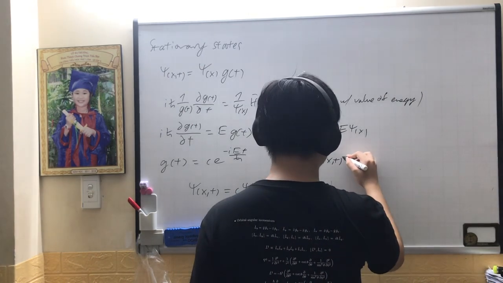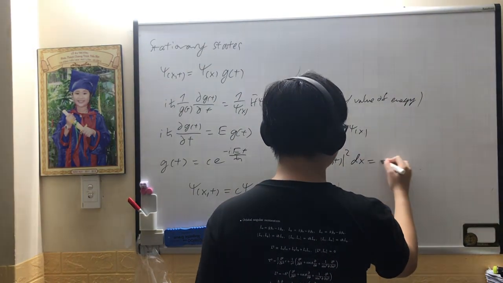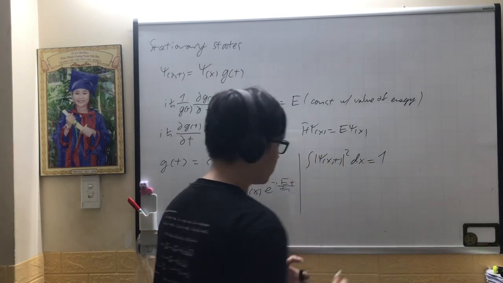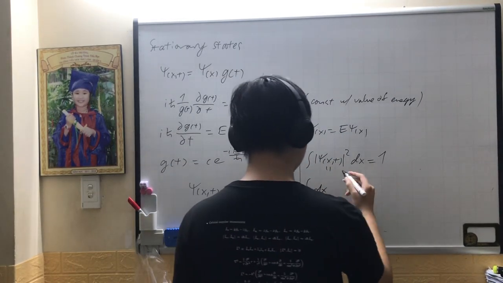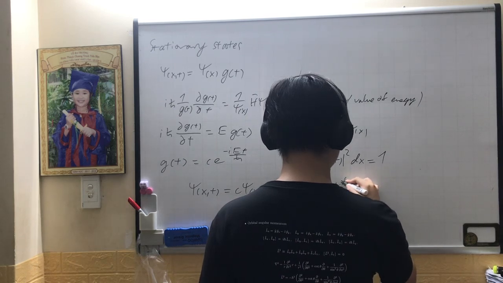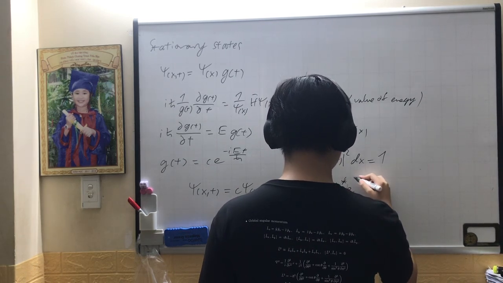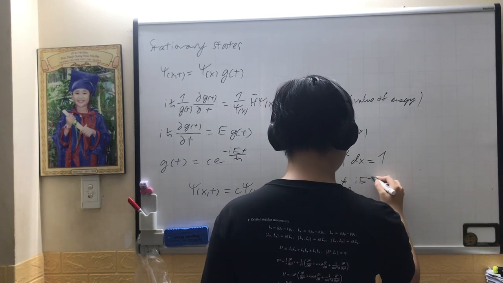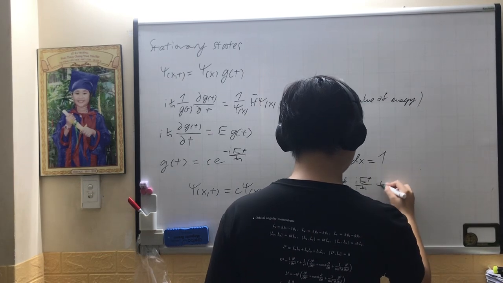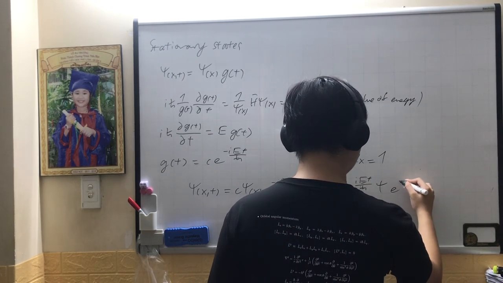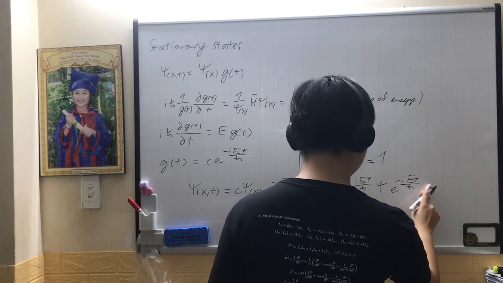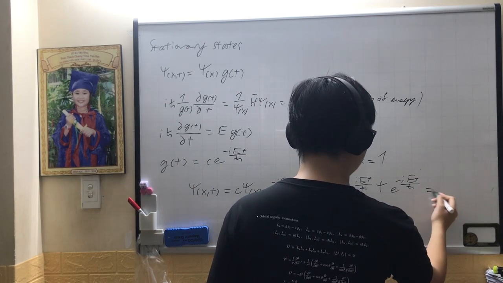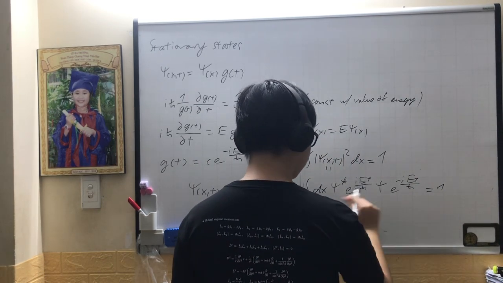You want to normalize this, so this has to be equal to 1, right? Let's factor it out. This part would be psi star, that is e to the iEt over h bar, times psi, times e to the minus iEt over h bar. We command this to equal 1.